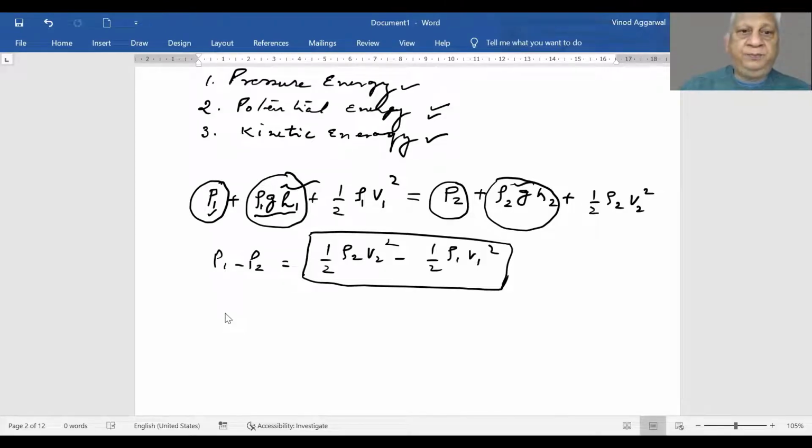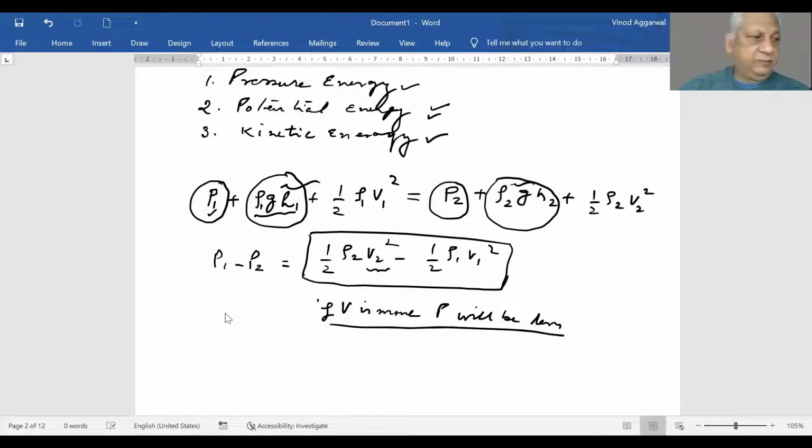Which means if you have a higher velocity at some place, then its pressure will be less. It goes inversely. If velocity is more, its pressure will be less. Okay.